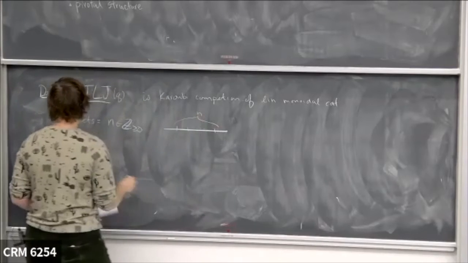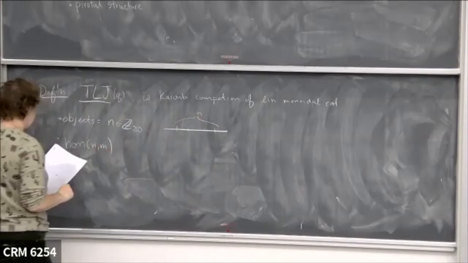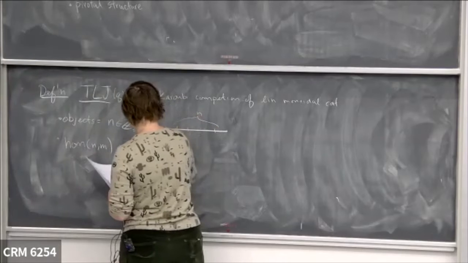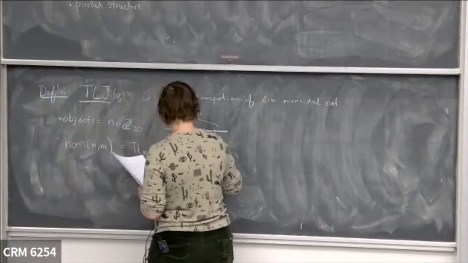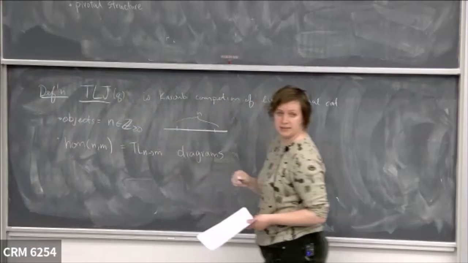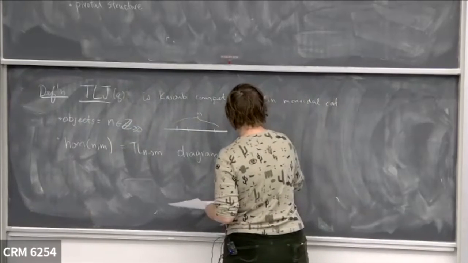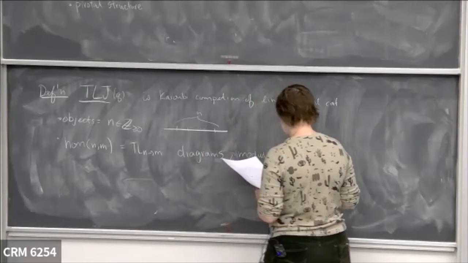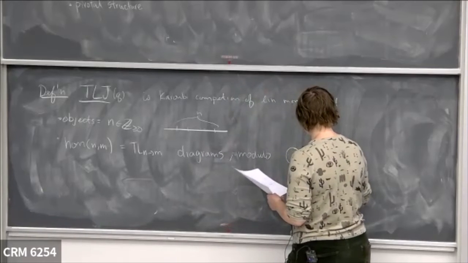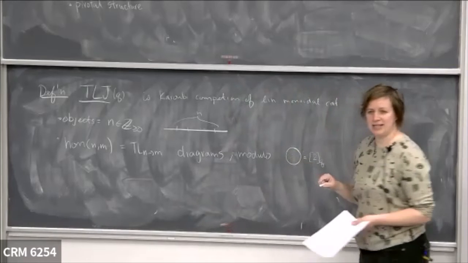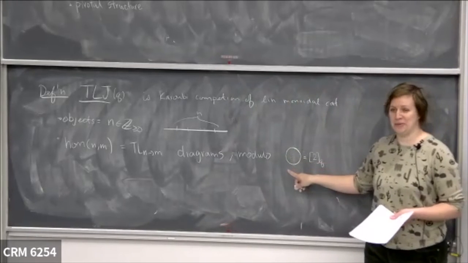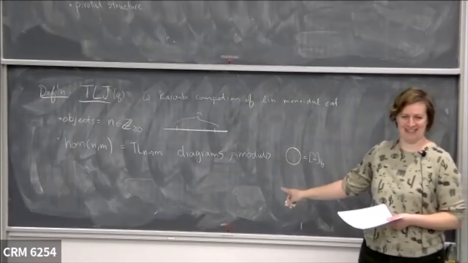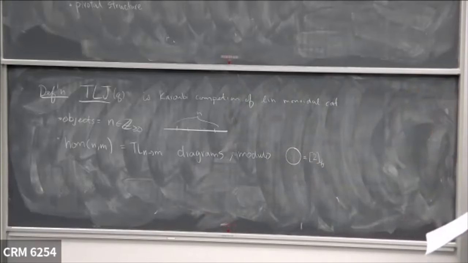And our morphisms from, say, n to m are just these TL n,m diagrams, modulo the usual relation, which is that a closed circle counts for a factor of quantum 2. I've tried to make it clear that this is not 0, but it is a circle, by drawing it slightly larger than everything else. But let me just say that out loud also, so it doesn't get lost.